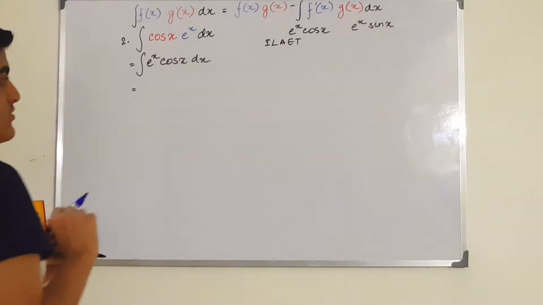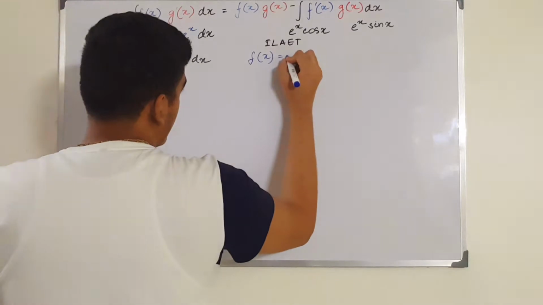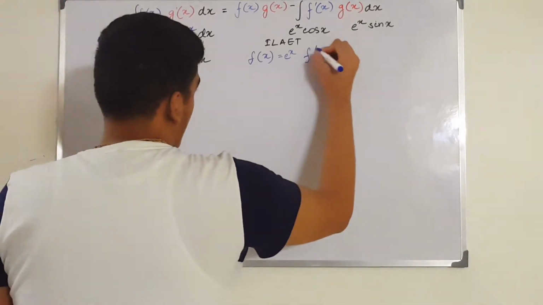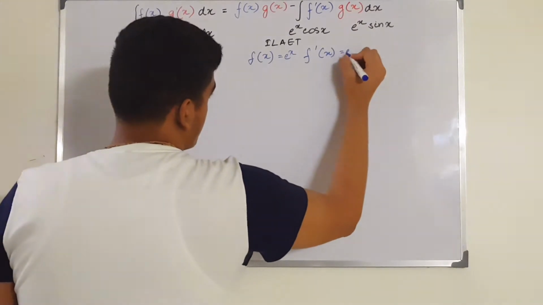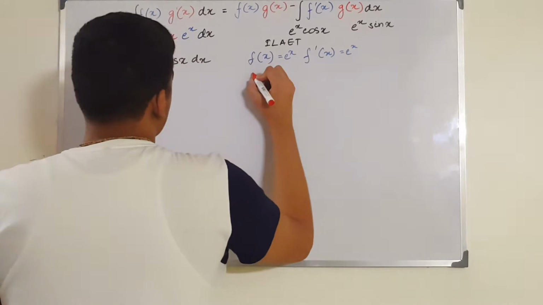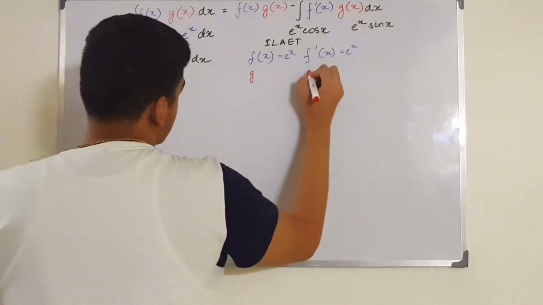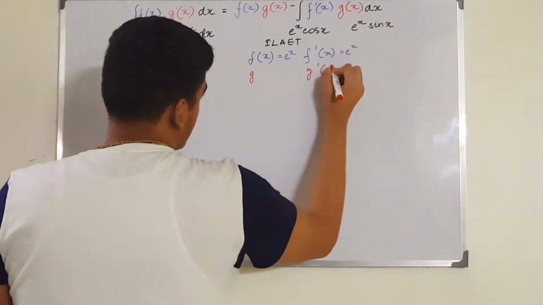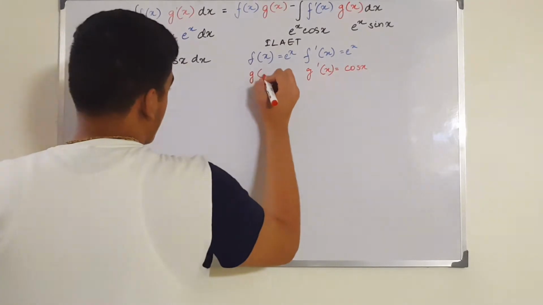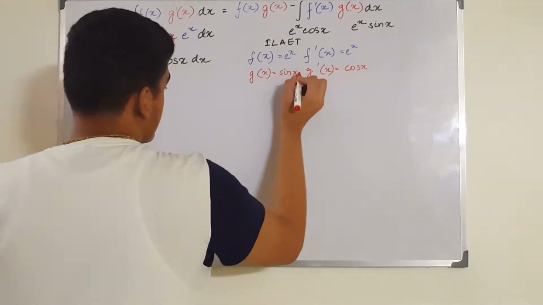First, let me use the general terms. f of x would be e to the power x, and therefore f prime x would also be e to the power x. g prime x would be cos x, and therefore g of x would be sin x.